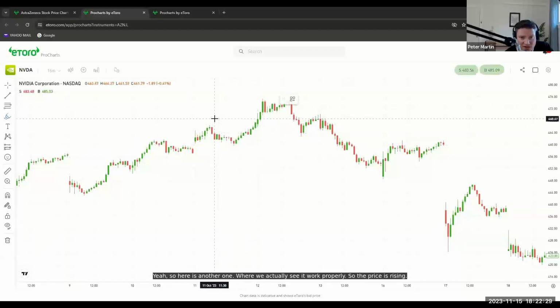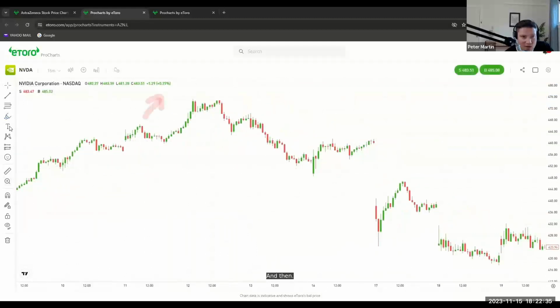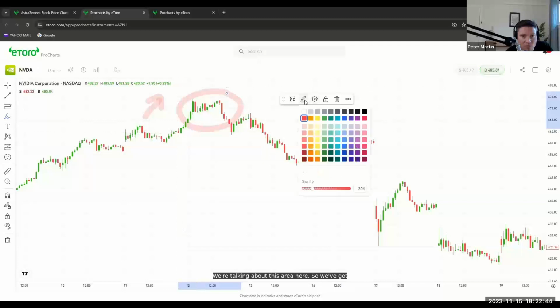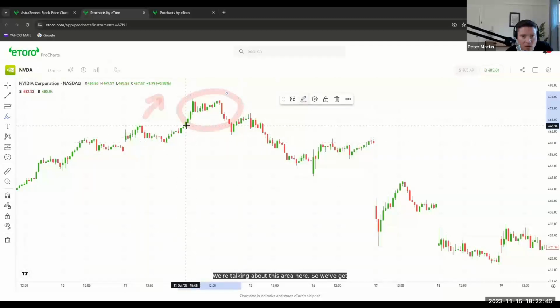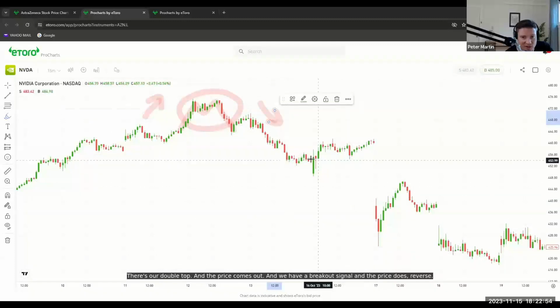The price is rising, and then we're talking about this area here. There's our double top, and the price comes out, and we have a breakout signal, and the price does reverse.